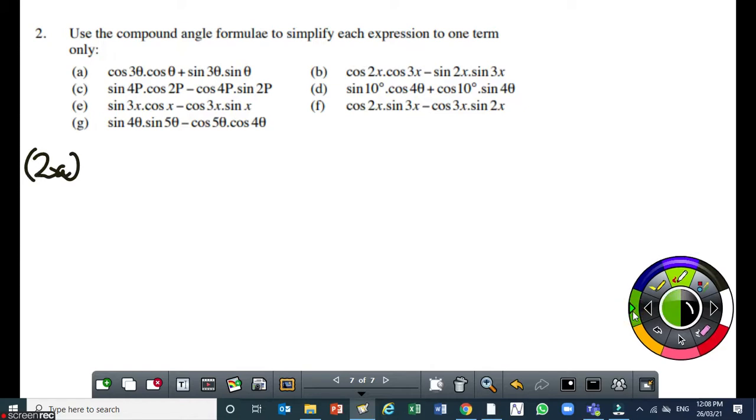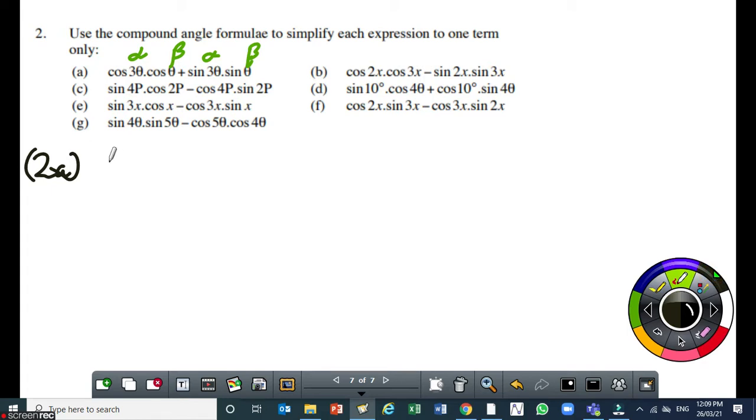If I say the 3 theta is my alpha, it means the theta is going to be my beta. So 3 theta is alpha, theta is beta. You're getting that part? Then I have to relate that with those formulas.